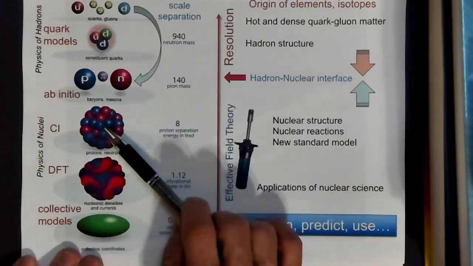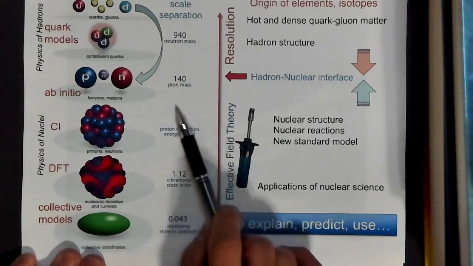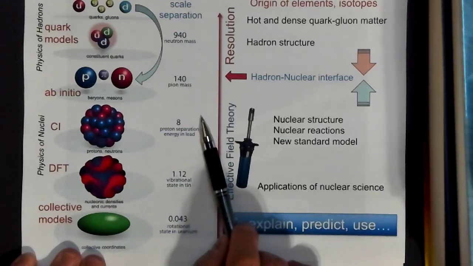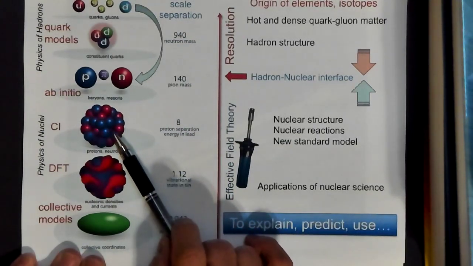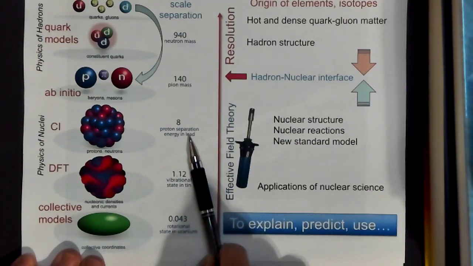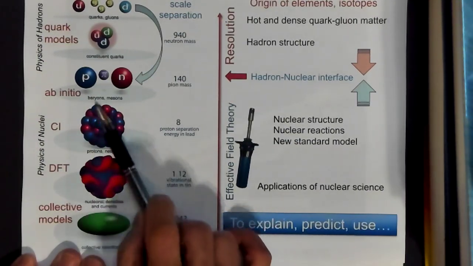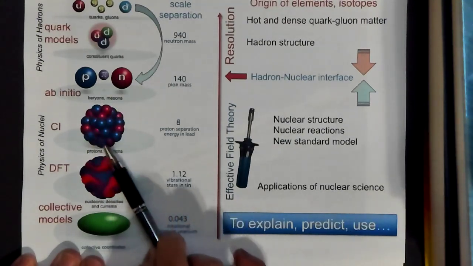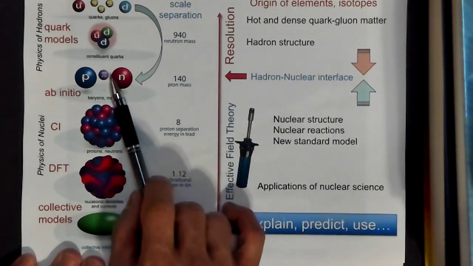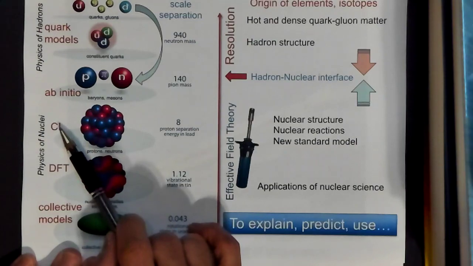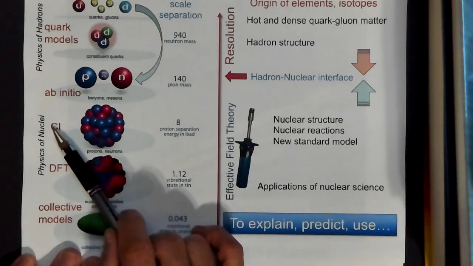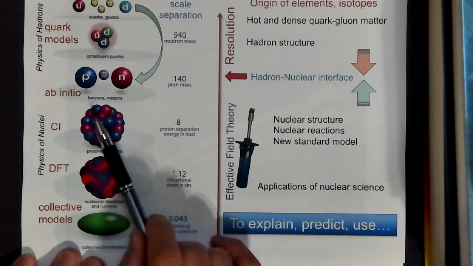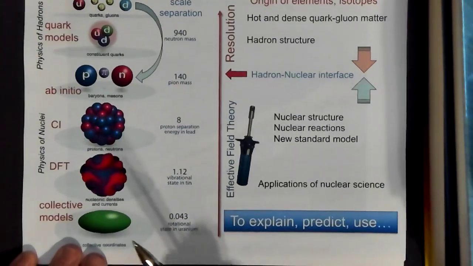Now, if you go to even lower energy scales, maybe about 8 MeV is the energy for pulling out a proton from a lead nucleus. In that case, you might have a description in terms of just nucleonic degrees of freedom, maybe even a slightly simplified approach using, for example, some shell model calculation.